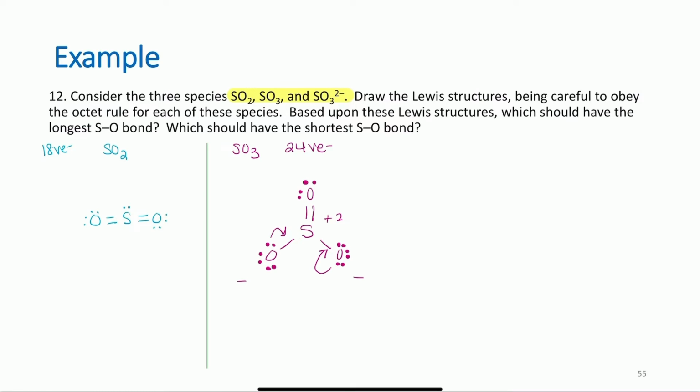Now, ring strain wise, it's going to push it if it can really do it, but we can draw it that way to minimize our formal charge. This is one of the resonance structures. We could also have, again, like we just had, sulfur singly bonded to the oxygen.